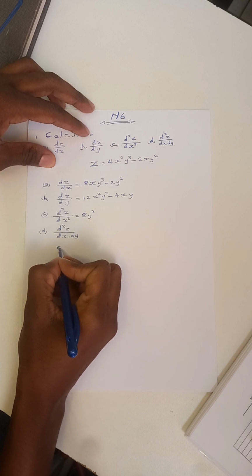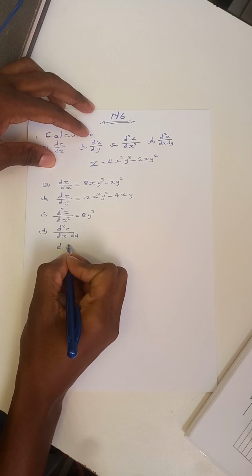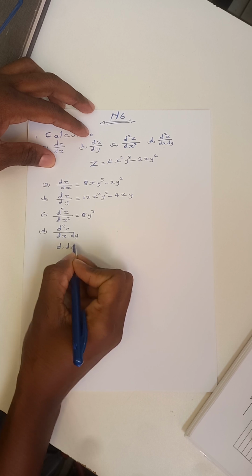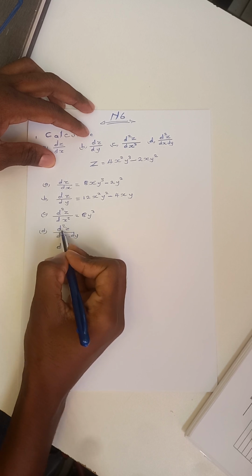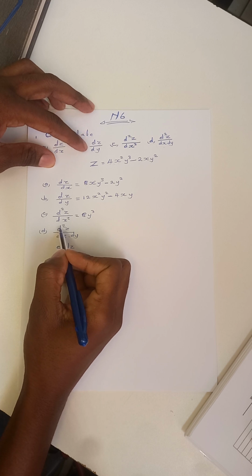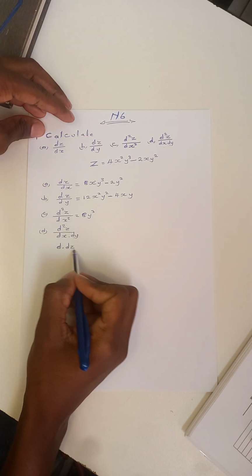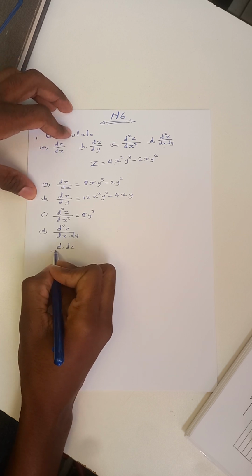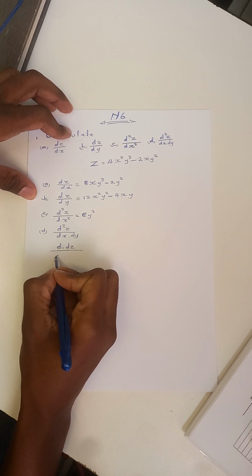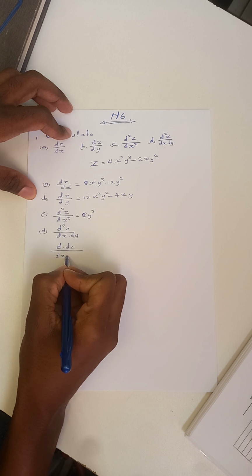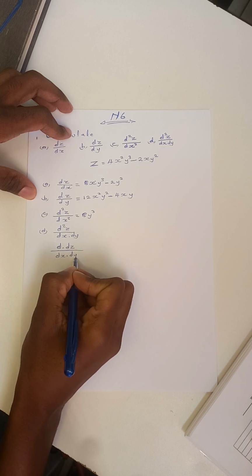So it will be d multiplied by dz for our numerator, because d squared is the same as saying d multiplied by d, so that is why I'm having that. And then we divide by dx multiplied by dy.